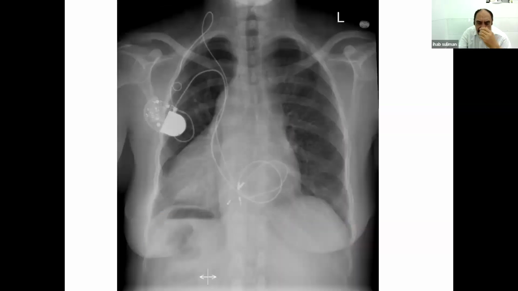So let us take this X-ray and the ECG will come after it. So what is your first comment on the X-ray? Anybody would like to comment on the X-ray?